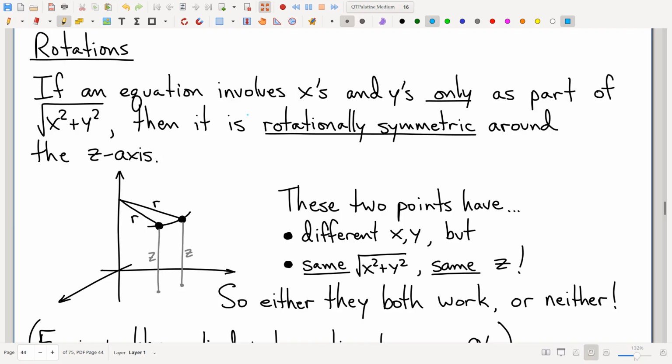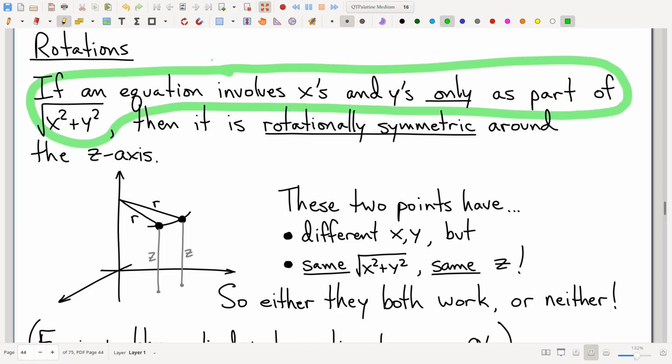Here's the first one. It's a real nice little result. The condition is this really easily observed condition I have here in green, and that is just look at where your x's and y's show up in your algebra. And if your x's and y's always are part of this expression, you just look and see, right?